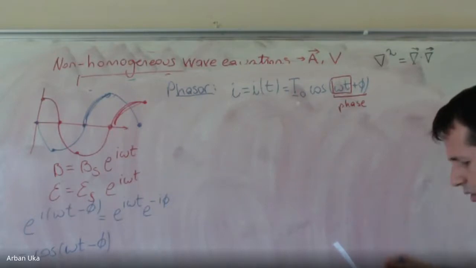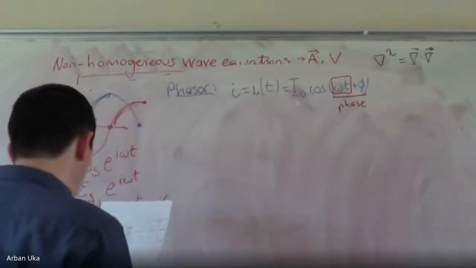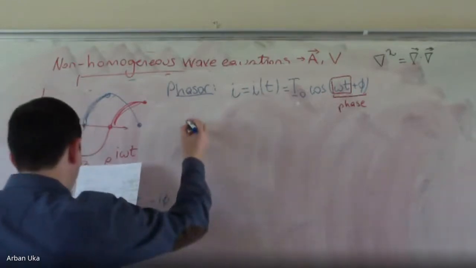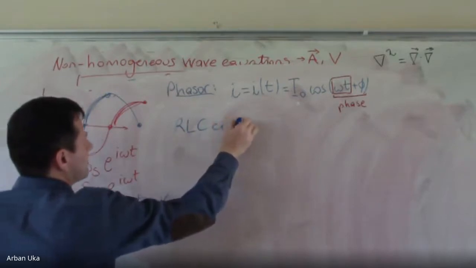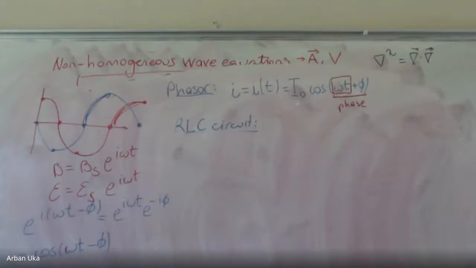So, in order to solve this problem, we assume for a moment that we have an RLC circuit. In an RLC circuit, which involves one resistor, one inductor, and one capacitor, we have this equation for any RLC circuit.